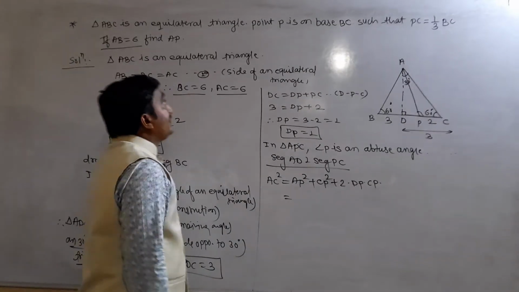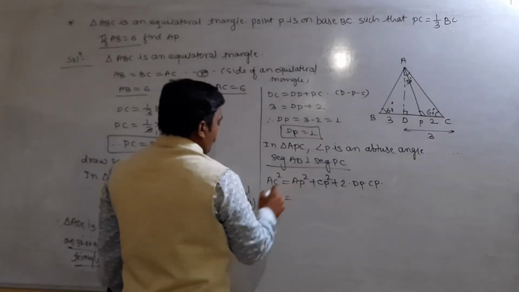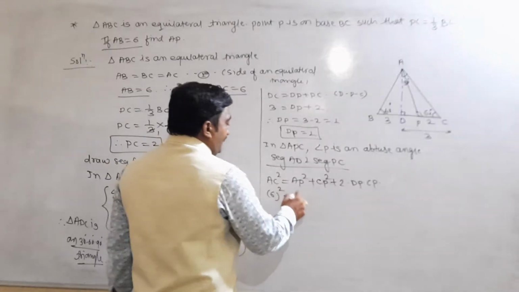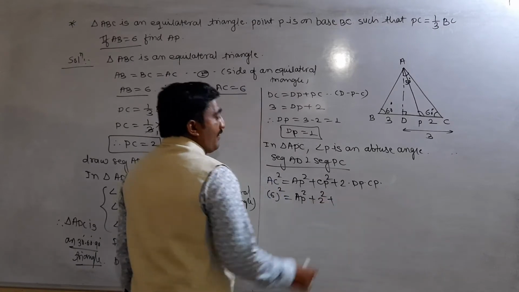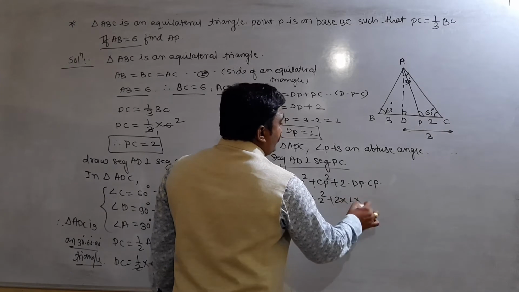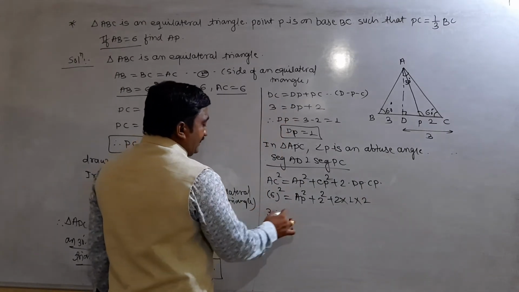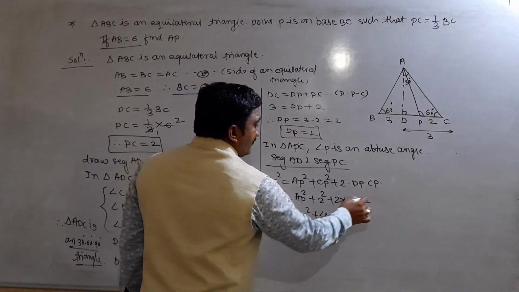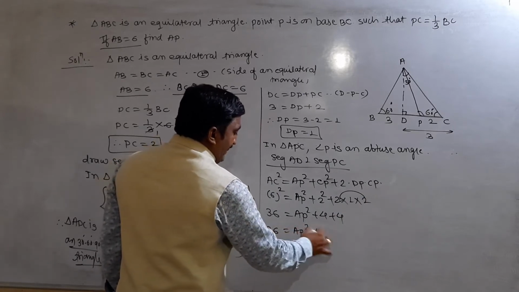Then AC square means AC here is 6, so 6 square, then AP square as it is, then CP square means 2 square plus 2 into DP's value 1 into CP's value 2. 6 square is 36, AP square as it is, 4 plus here also 4, 36 is equal to AP square plus 8.